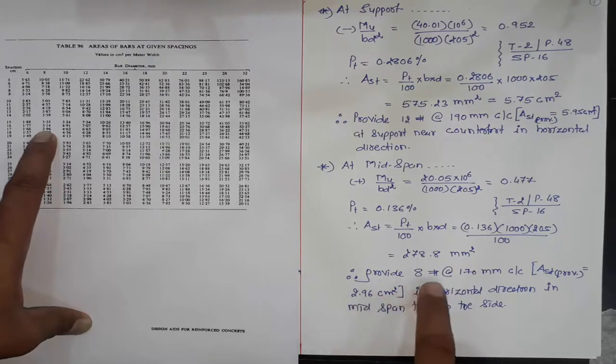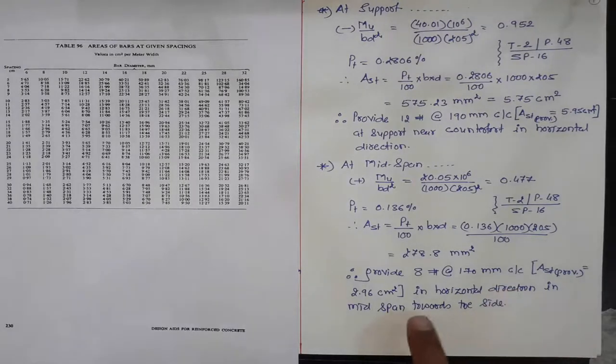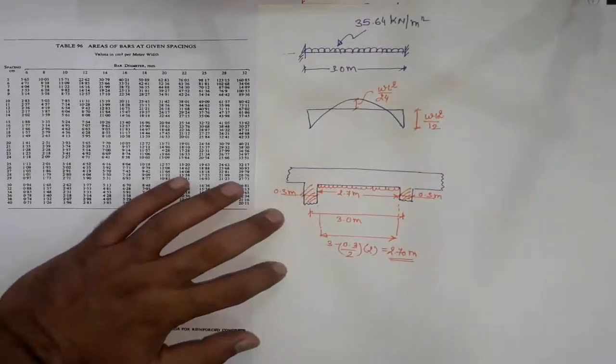Therefore, we can adopt 8 torr about 170 mm center to center. This steel is provided in horizontal direction in mid-span towards the toe side. That is at this side.